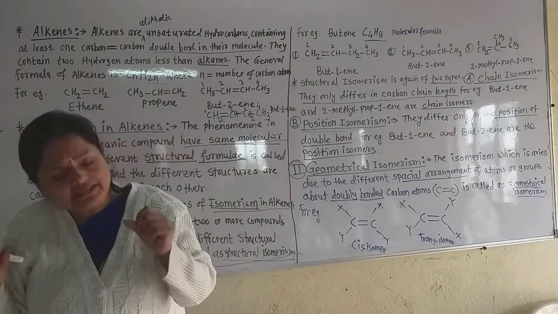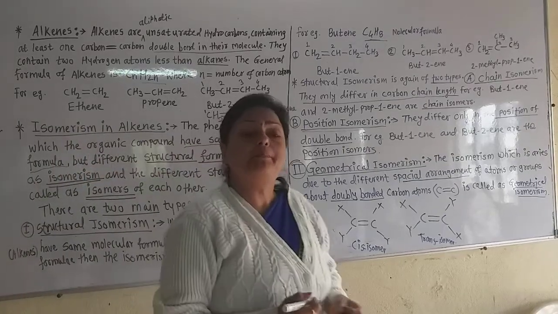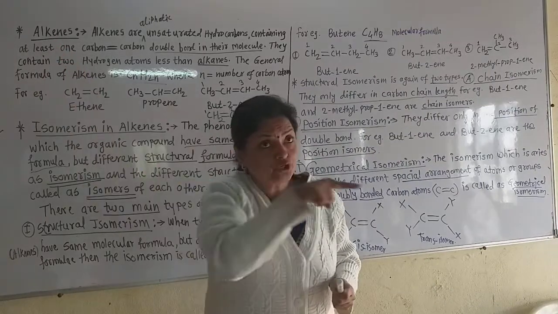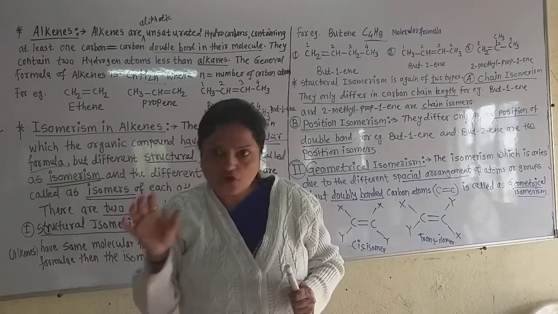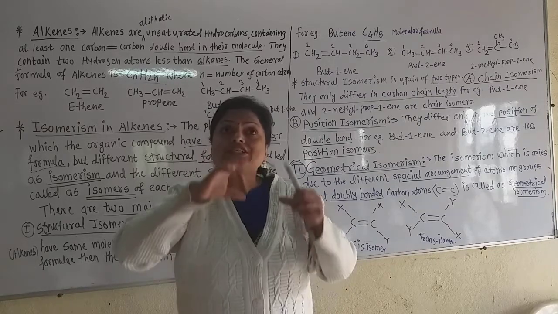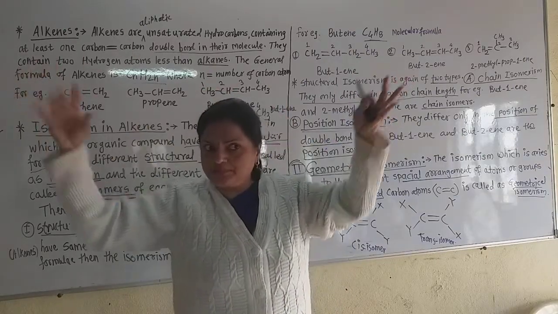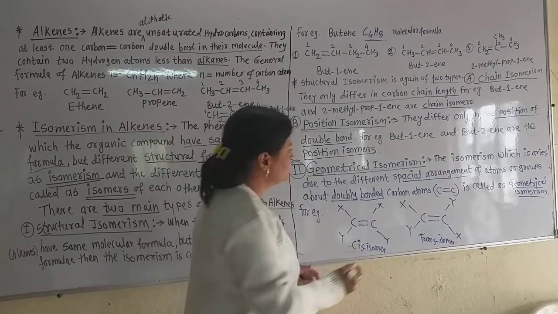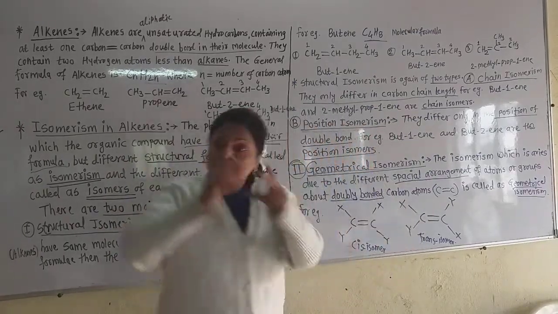So in geometrical isomerism, what happens? The atoms or groups present on the doubly bonded carbon atoms have a spatial arrangement. Spatial is spelled SPATIAL, and it means in the space.